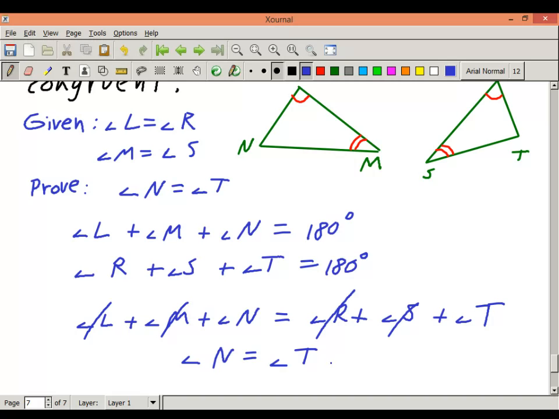The next corollary was the measure of each angle of an equiangular triangle is 60 degrees. Then we had the exterior angle theorem, which said that the measure of an exterior angle of a triangle equals the sum of the two remote interior angles. And then the one we just proved, the third angles theorem, says that if 2 angles of one triangle are congruent to 2 angles of another triangle, then the third angles are congruent.